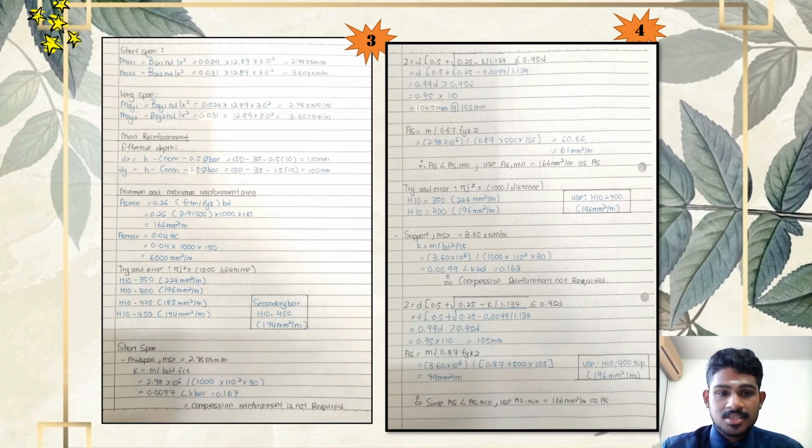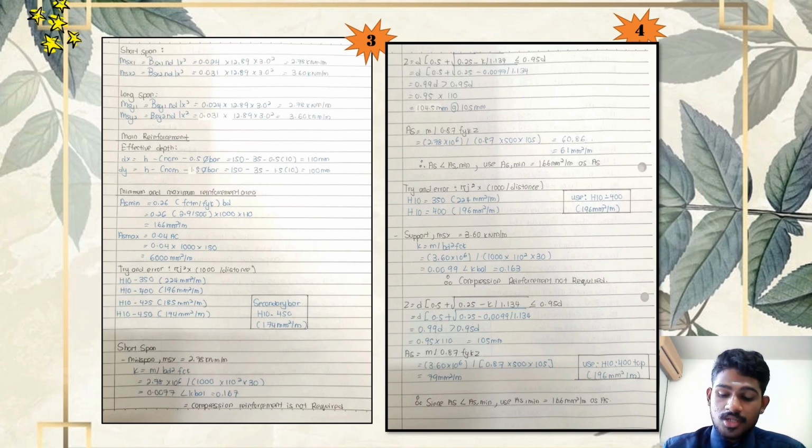You will get dx as 110 millimeter, and dy is h minus c nom minus 1.5 bar, equal to 150 minus 35 minus 1.5 times 10, and you will get dy as 100 millimeter. For the minimum and the maximum reinforcement area, As min is 166 millimeter squared per m, and As max is 6000 millimeter squared per m.